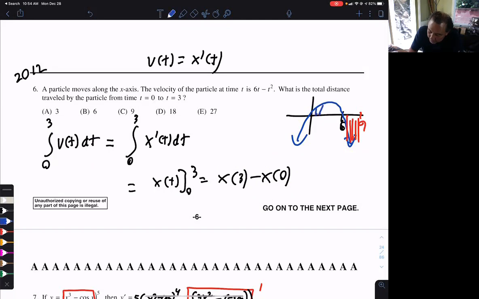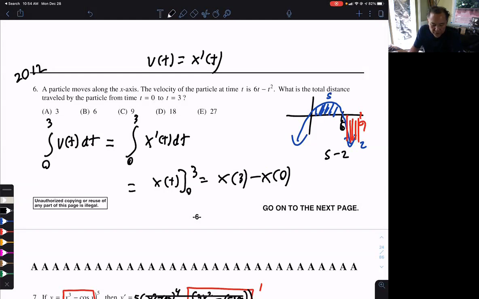And all of this is going to be positive. I'm going to make up some numbers. They're not even close to right. But suppose the area of this was 5 and the area down below here was 2. So total distance obviously would be 7 because you went a total of 5 one way and then 2 the other. But if you actually integrated this, it would be 5 minus 2 and you get an answer of 3.